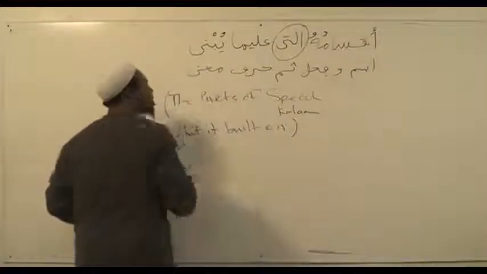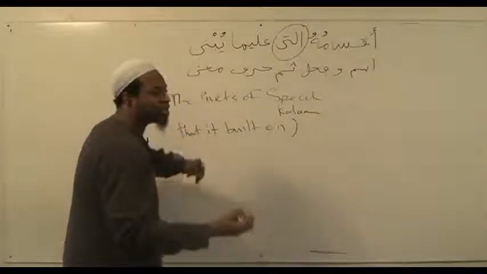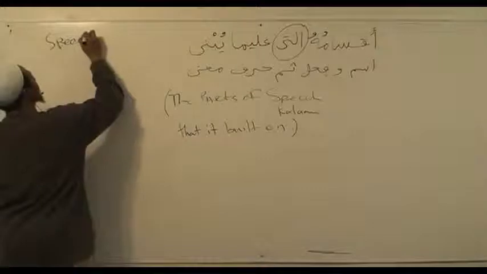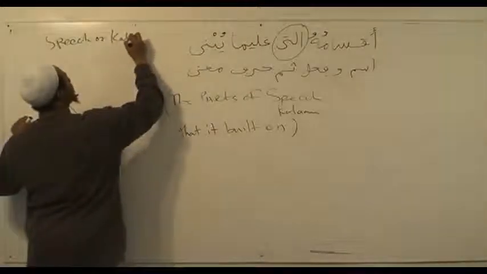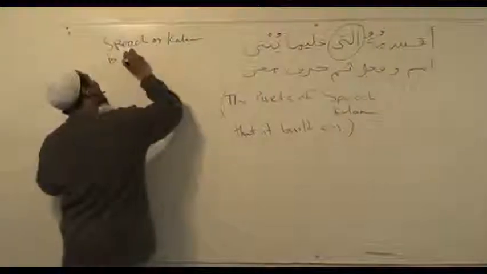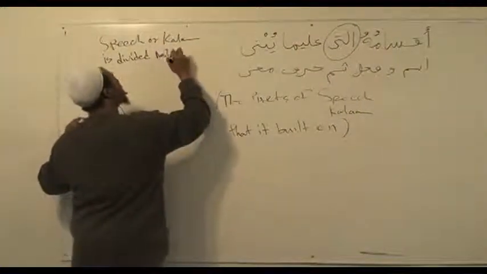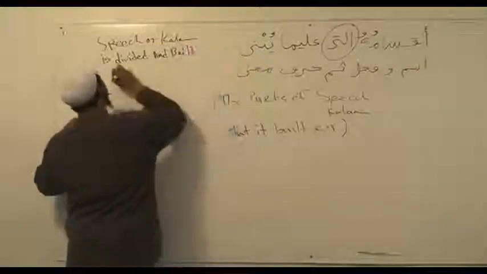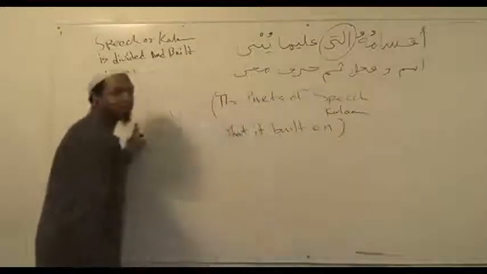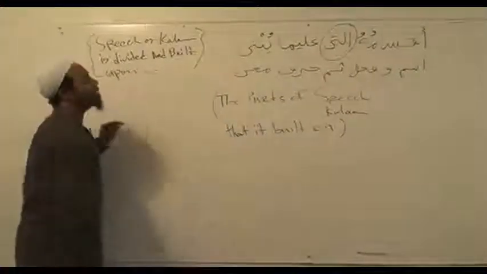How are we going to Englishize it? Speech is divided and built upon, and it goes three dots. What's going to come next? This is the Englishization of that line.